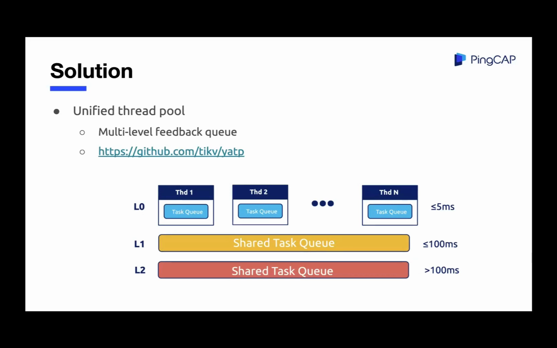If it still takes much time to finish, it will be paused and moved to level 2. Level 0 will have a higher probability to be picked and executed compared to level 1, and the same for level 1 compared to level 2. So all jobs that can finish within, for example, 5 milliseconds will always get to be executed.